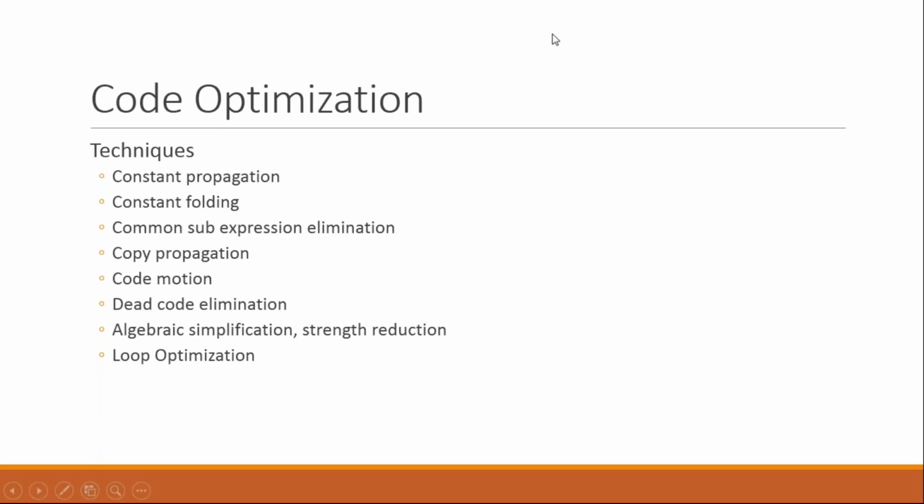Now, for that we have different types of techniques to optimize: dead code elimination, algebraic simplification, strength reduction, and loop optimization.